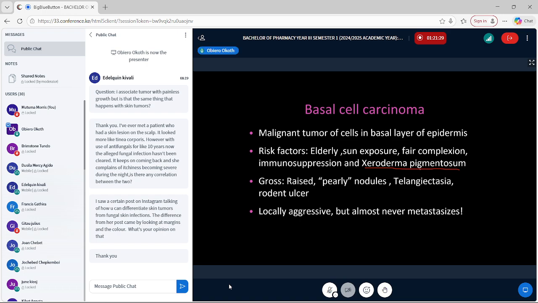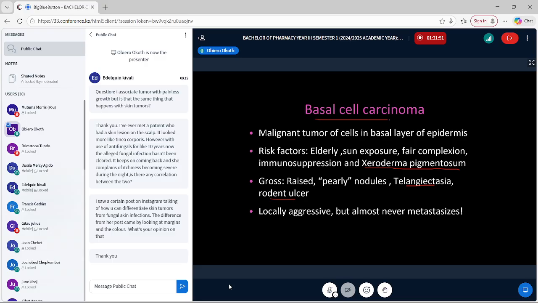Failure of the DNA repair genes, you have growth, raised pale nodules, there's telangiectasia, sometimes they're ulcerated.